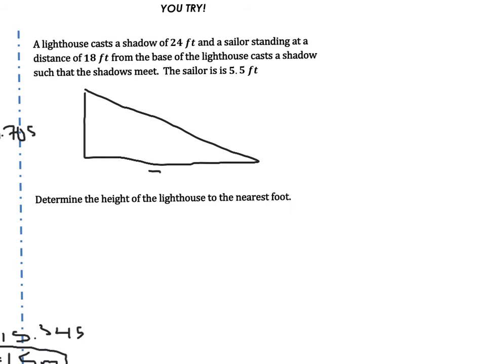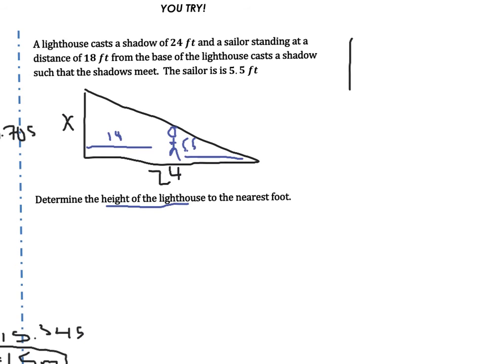Cast a shadow of 24 feet. 18 feet from the base of the lighthouse is a sailor. So we got person 18 feet away. And the sailor is 5.5 feet high. We want to determine the height of the lighthouse.